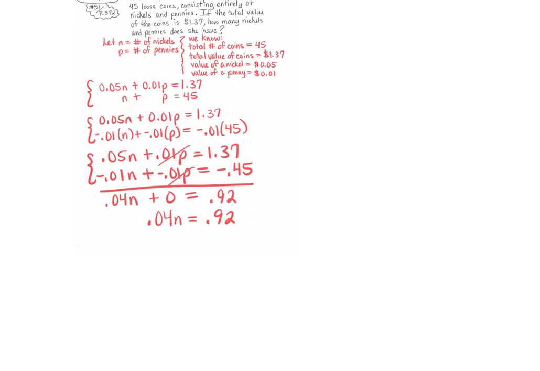What do we do to both sides? Yep. And we get N is equal to? So that means she has 23 nickels, but the question asks how many nickels and pennies she has.